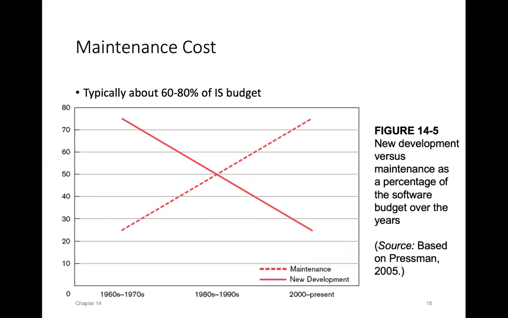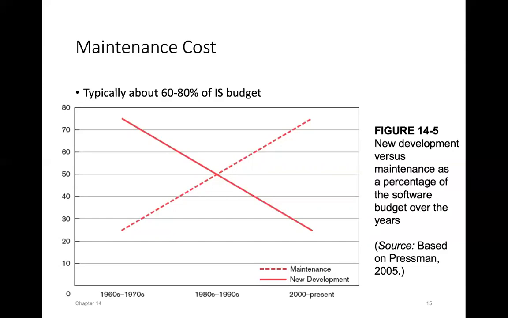As you can see, the new development budget for an information system has gone from about 75% back in the 60s, 70s down to about 25% now. You then look at the budget for maintenance, and it's completely reversed. Okay, so in the 60s and 70s maintenance was very low, and now maintenance is everything.